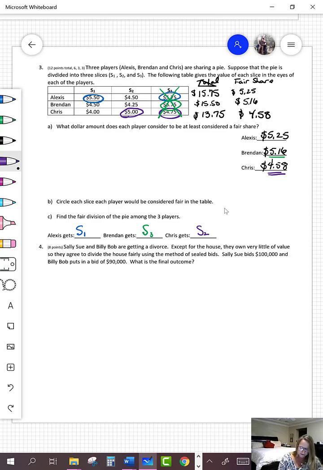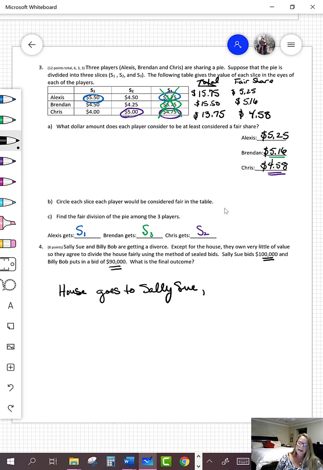Okay, so for a sealed bid, the person who bids the most gets the house. So Sally Sue bid $100,000 for the house, where Billy Bob only bid $90,000. So the house goes to Sally Sue. But she just doesn't get the house.